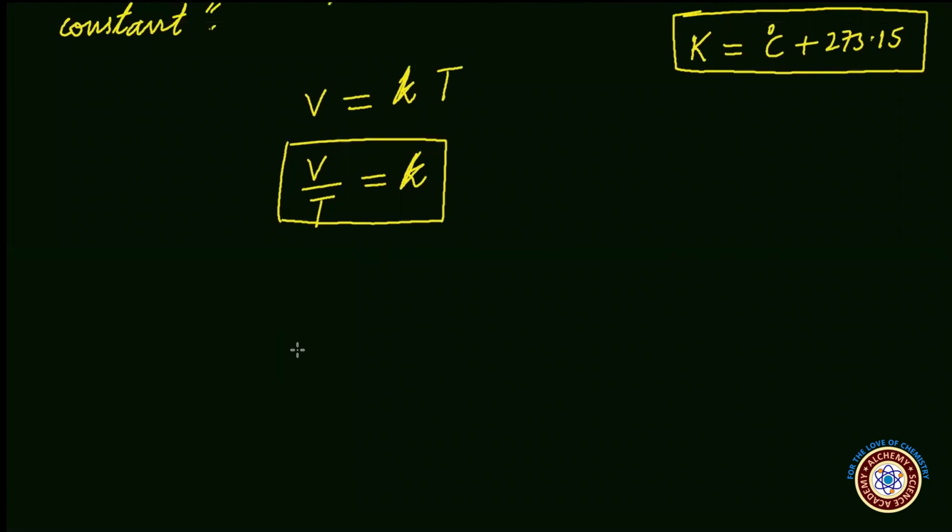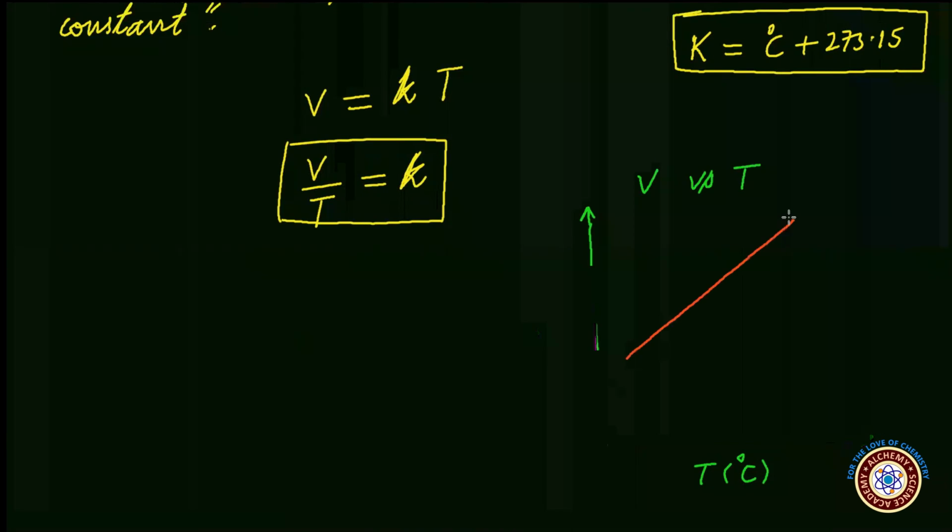Now this law can also be explained graphically by plotting a graph of volume versus absolute temperature or temperature in degrees centigrade, taking volume of gas along the y-axis and temperature in degrees centigrade on the x-axis. A straight line graph is obtained, which indicates that on increasing temperature, volume of gas increases, meaning gases undergo thermal expansion when they are heated.